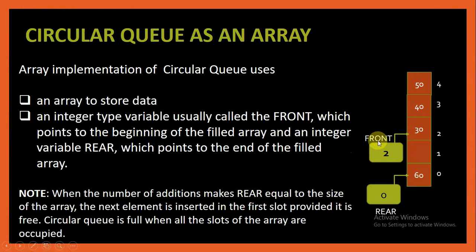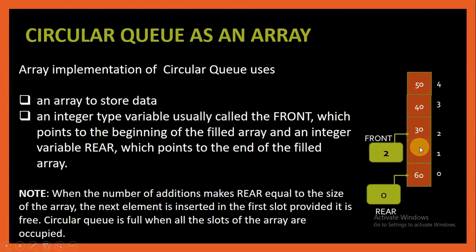So you can see here in the beginning there were 2 elements at positions 0 and 1 also, which were deleted, and now my front is at index number 2 which contains value 30, and after insertion of 50 my rear reaches 4, which is the maximum size of the array.